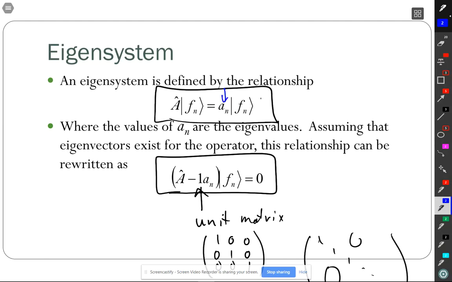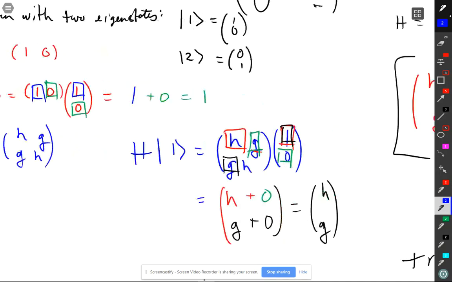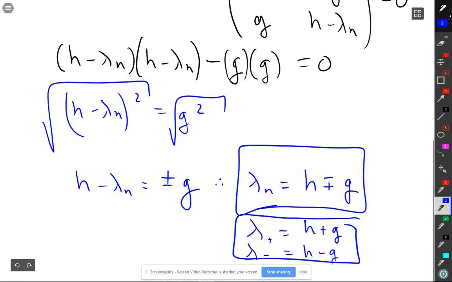So I've just found the eigenvalues for this Hamiltonian operator. I don't have the eigenvectors yet, which is what I said I wanted to find, but I have the eigenvalues. So given this Hamiltonian h and g, the eigenvalues are lambda plus is h plus g and lambda minus is h minus g.